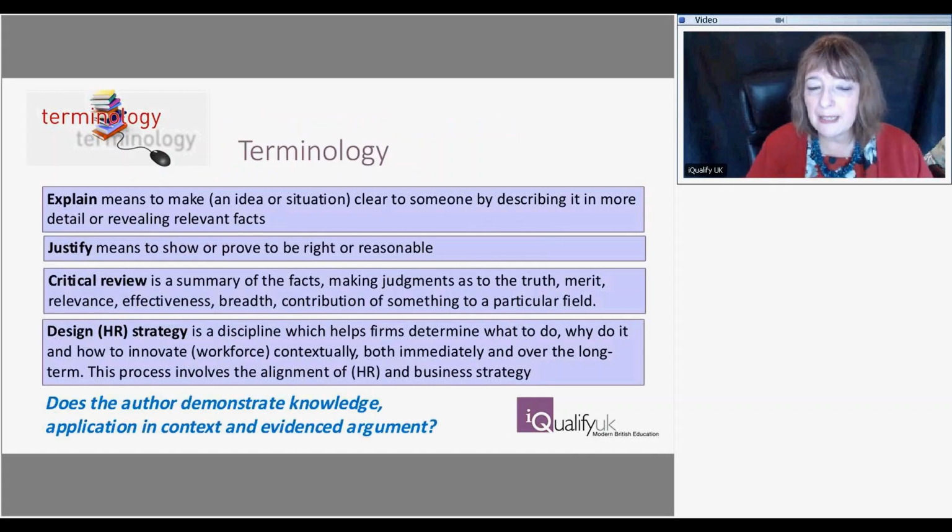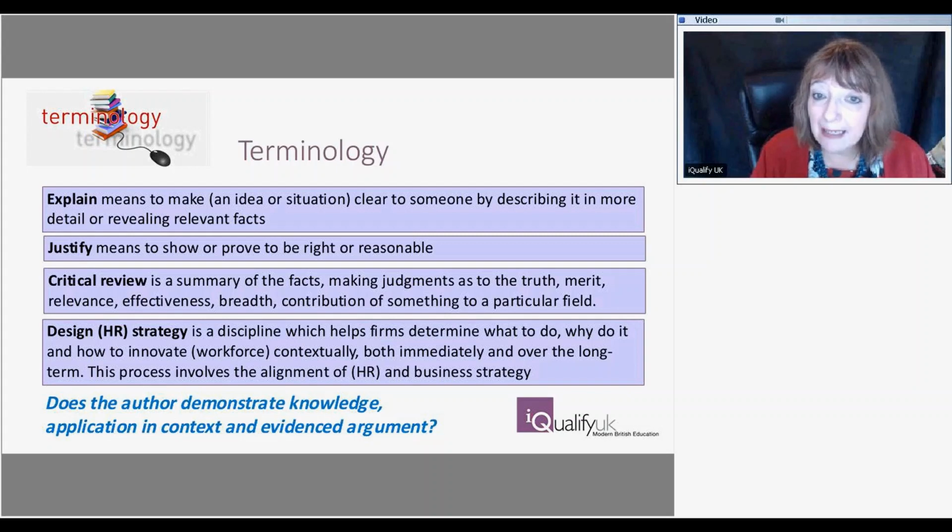So what do these mean then? Okay, terminology. Explain means to make an idea or a situation clear to someone by describing it in more detail or revealing relevant facts.